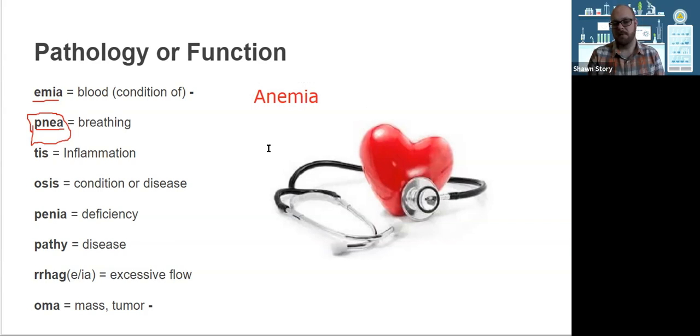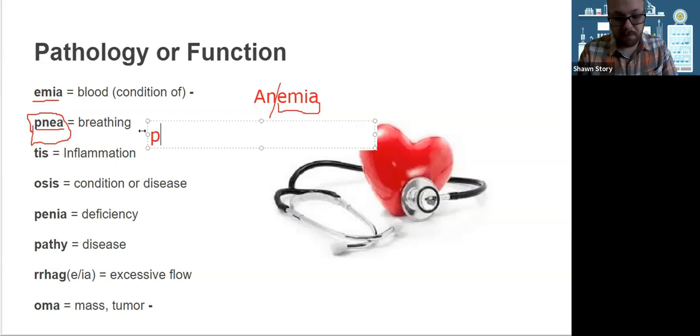Do we know anemia? So anemia is blood, and the A means opposite. Anemia is when someone's blood is not clotting, it's not functioning properly. Someone has anemia, they bleed a lot because the blood doesn't clot. We see the word pneumonia.